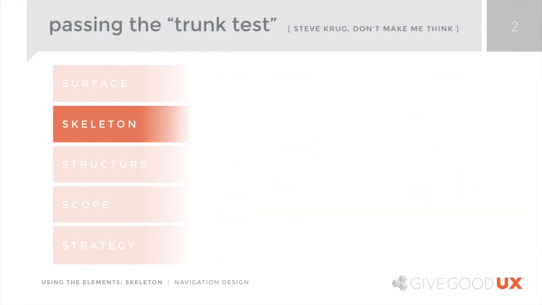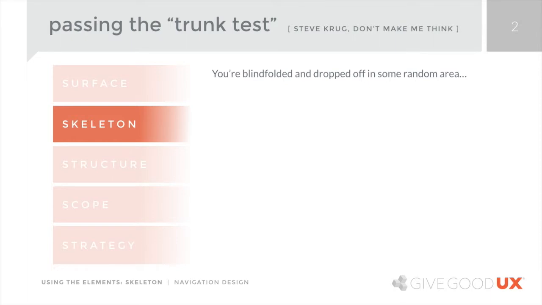Good navigation design passes what author Steve Krug calls the trunk test. The way he explains it is, let's say you're blindfolded, thrown in the trunk of a car, and driven around the city for an hour, and then unceremoniously dumped out in some random part of the city.